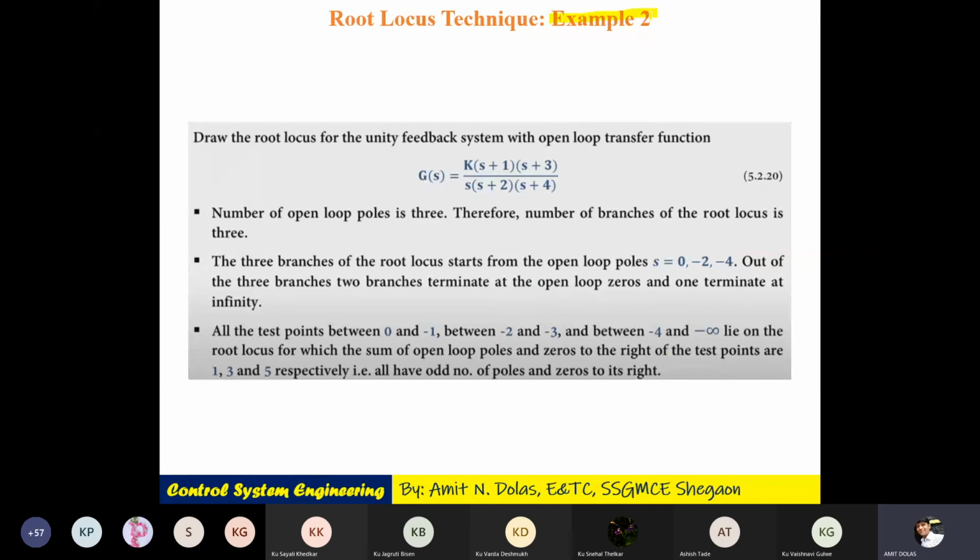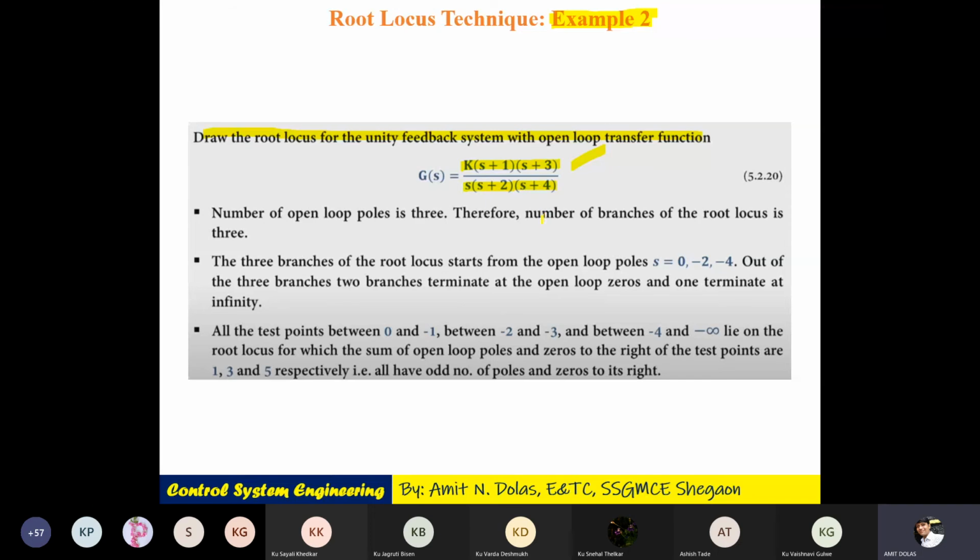One numerical example, so that you will get an idea about construction rules 1, 2 and 3. Draw the root locus of the given transfer function: K(s plus 1)(s plus 3), those are the two zeros, at minus 1 and minus 3. Then s(s plus 2)(s plus 4).